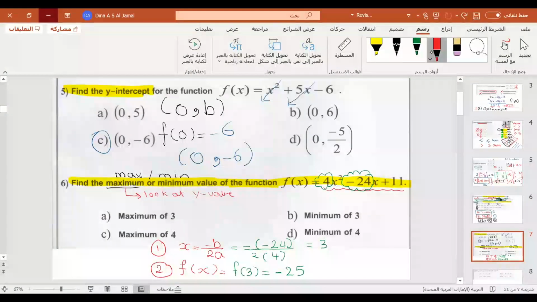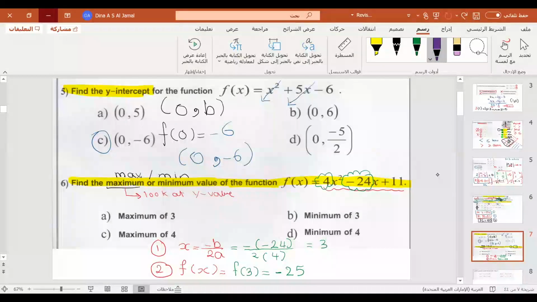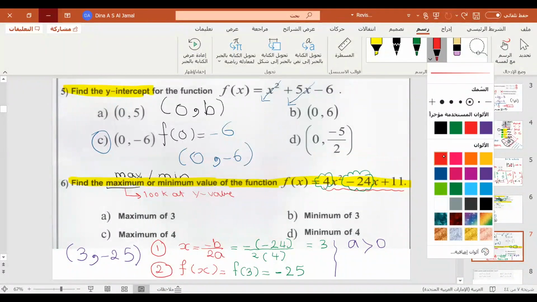Okay, and now before I go to the multiple choices, so the point is 3 and minus 25. Before I go, I would like you to check the a value. Is it bigger than 0 or not? So here I'm having it is bigger than 0, and it is a quadratic function.